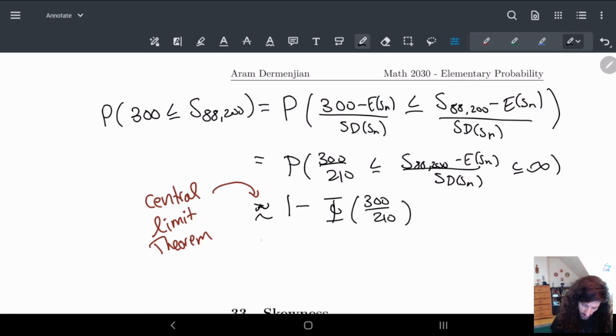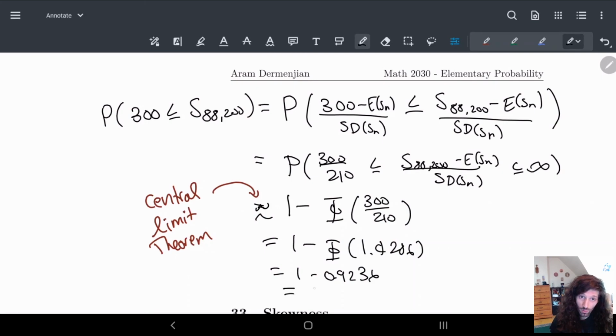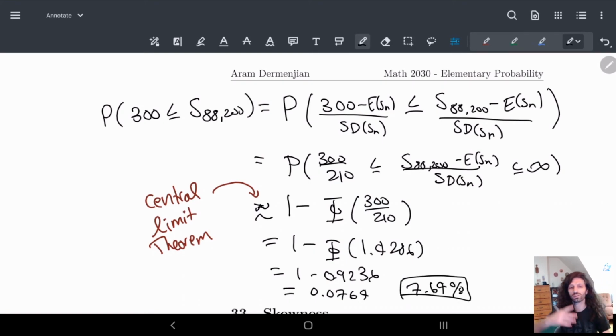So here, if we just plug this in, we get 1 minus phi of 1.4286, which is 1 minus 0.9236, which is 0.0764. So there's a 7.64% chance that I'll be super far off to the right. Which is not 0, right? It's still a fairly big chance, as long as I plugged in these numbers correctly.